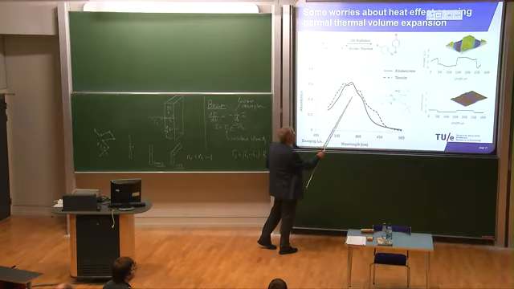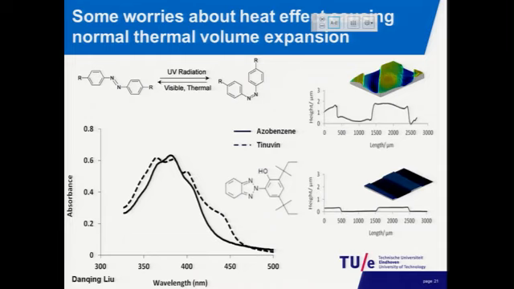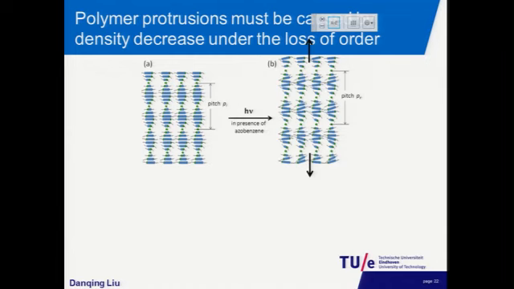So if our azobenzene heats up, this tinuvin sample should heat up too. This is the reference experiment, and you see that indeed, because of heat effect, some protrusions are formed as well, but they are not nearly as high as the ones formed with the azobenzene. So we really are looking at a photomechanical effect.